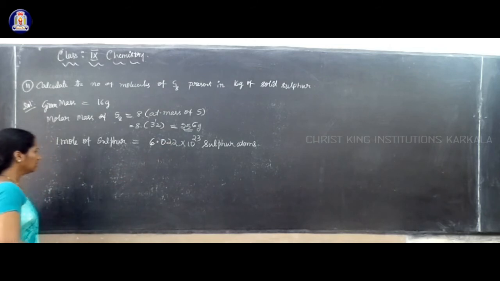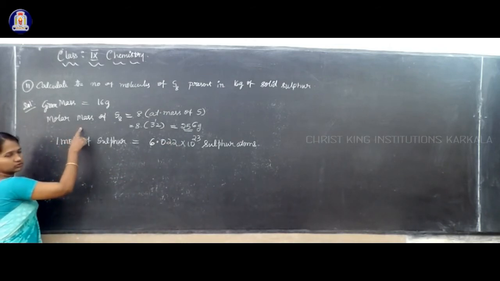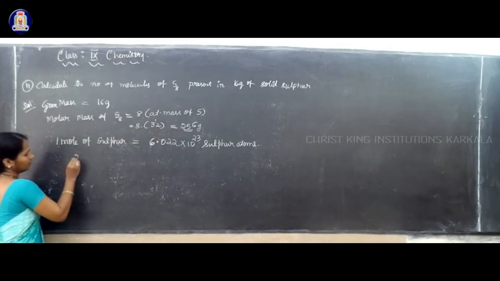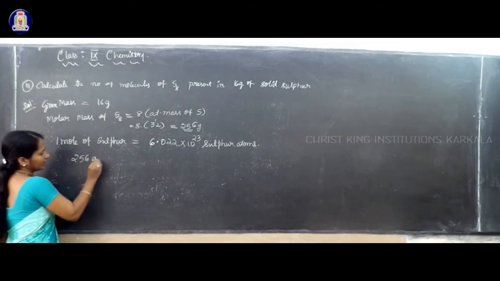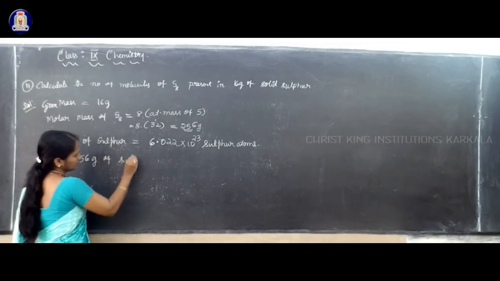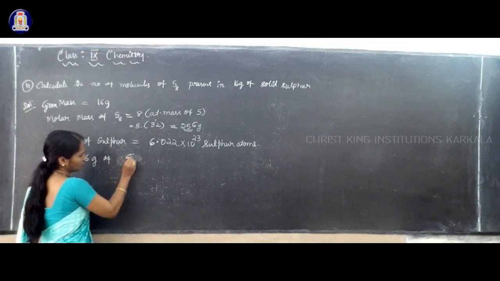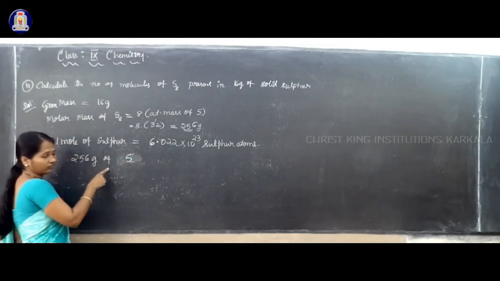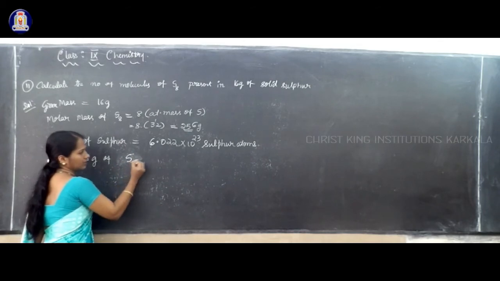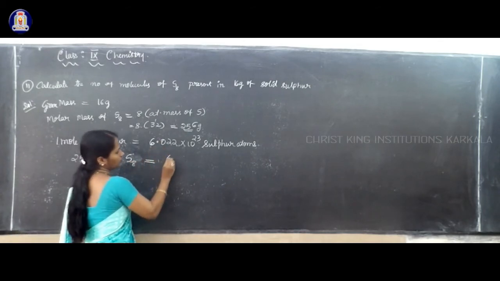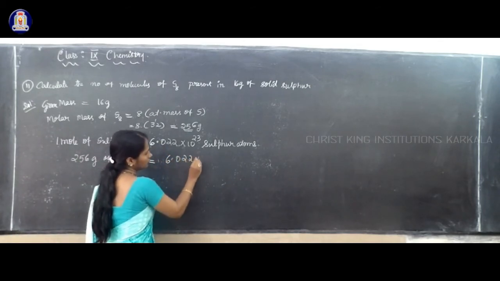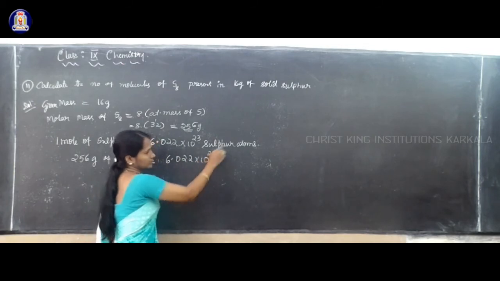In the sense, 1 mole, that is 256 gram of sulfur, that is S8, has 6.022 into 10 to the power 23 sulfur atoms.